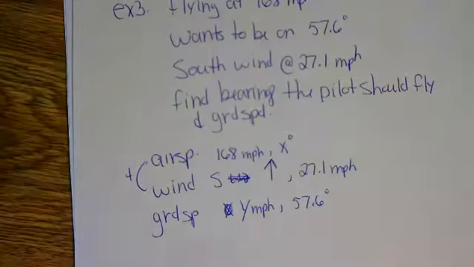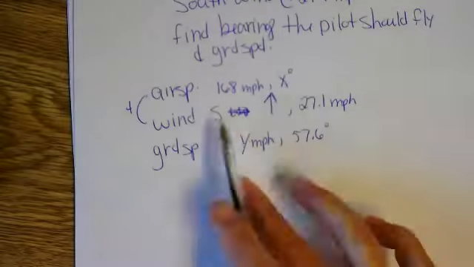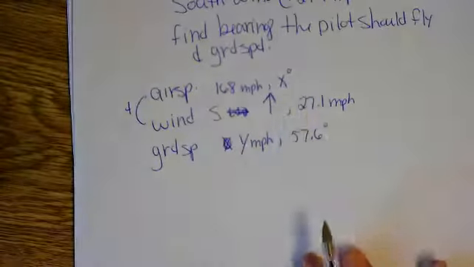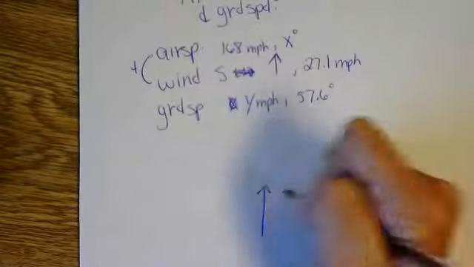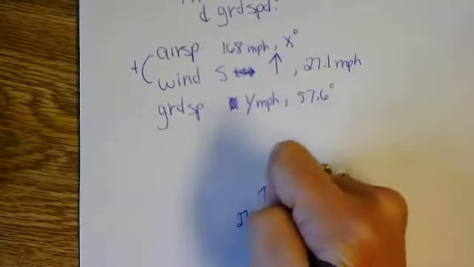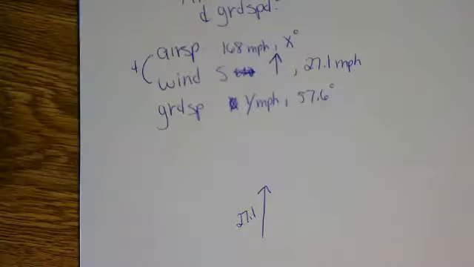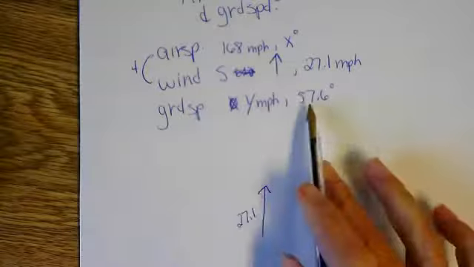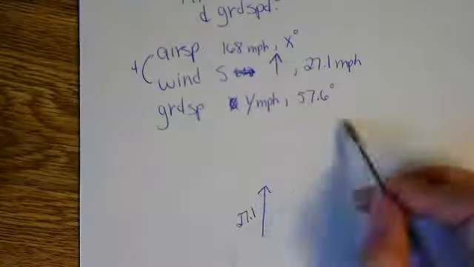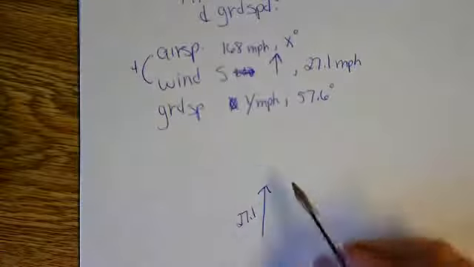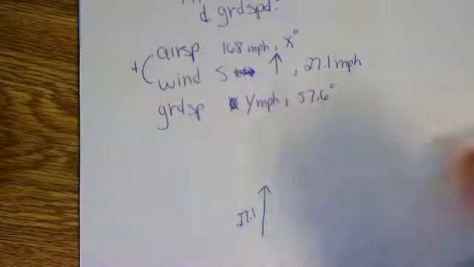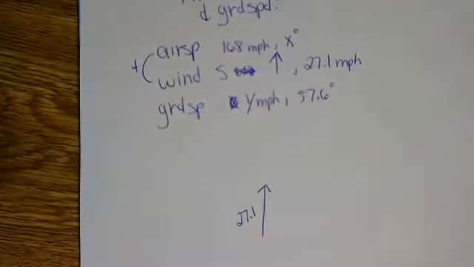Okay, so just like before, I'm going to choose to start with the wind vector. The wind is blowing to the north at 27.1 miles per hour. I do know the direction of the ground speed, so I'm going to put that in, because if I try to attach the 168, I really don't know what direction to put it in. I just know that it's kind of long. But once I get the ground speed in, remember, ground speed and wind are tail to tail.